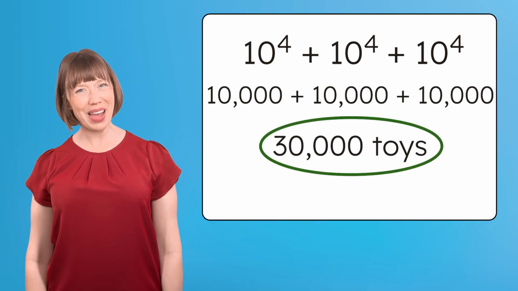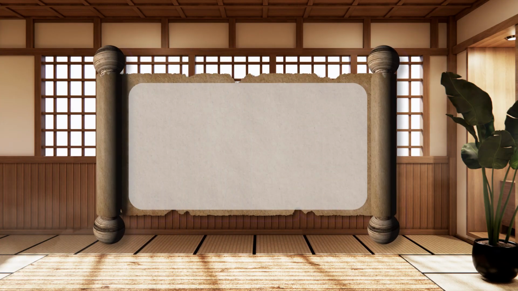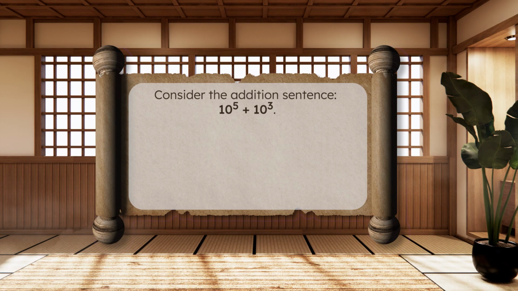Excellent work, Math Masters! Your challenge still awaits. Complete it to finish the second part of your training and earn the Exponents as Powers of 10 badge. Consider the addition sentence 10 to the fifth power plus 10 to the third power.